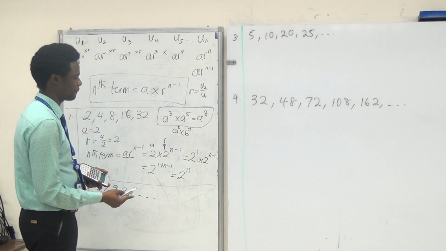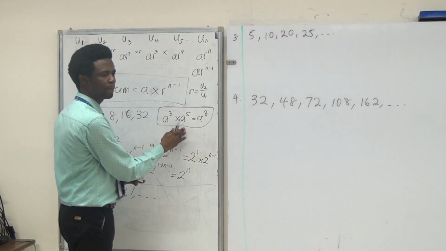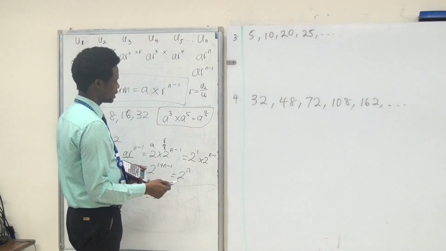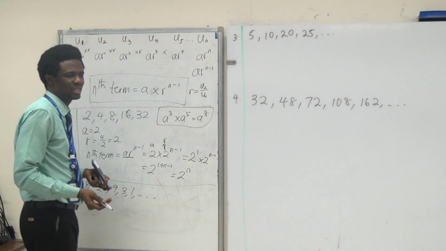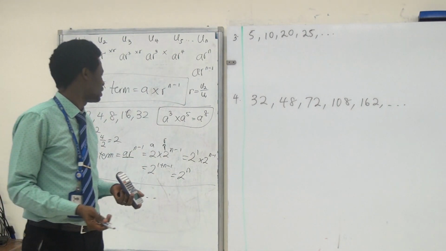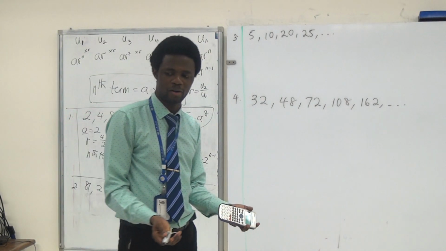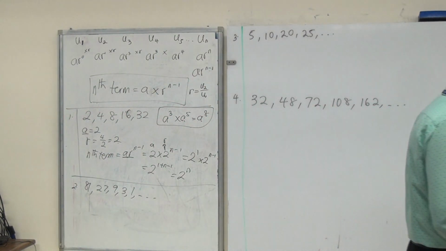I'm saying if it's like A to the power 3 times B to the power 5, would you make it AB to the power 8? No. It would be just A cubed B to the power 5, that's it. When they have the same base, you add the powers. Alright, quickly.